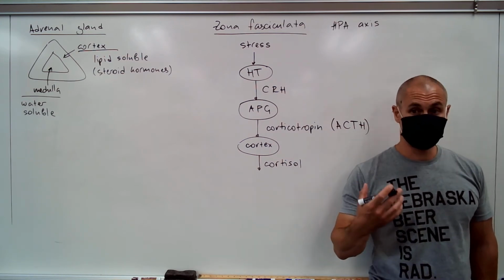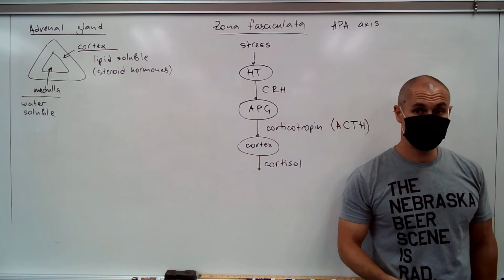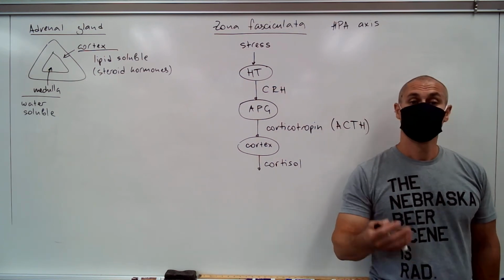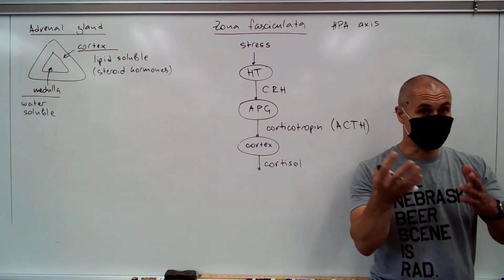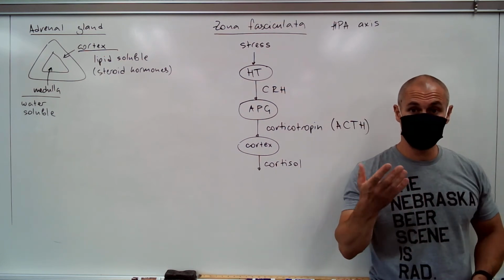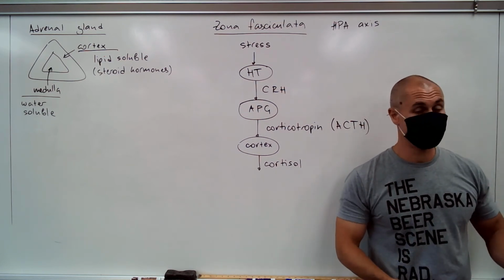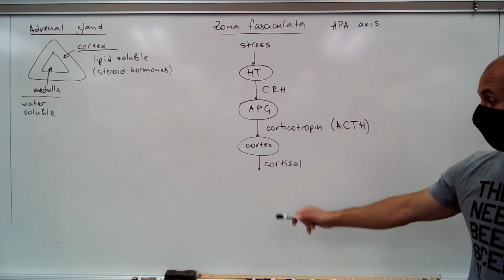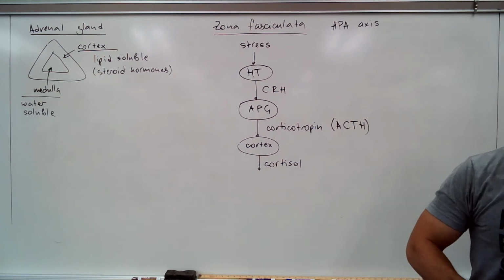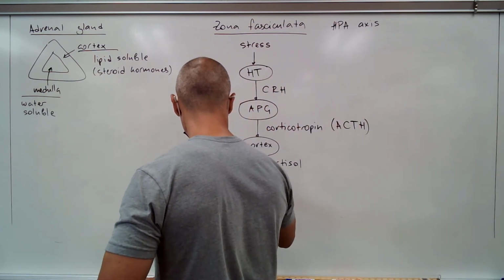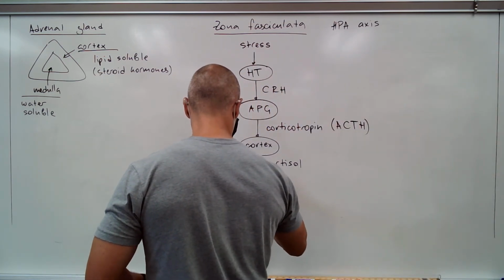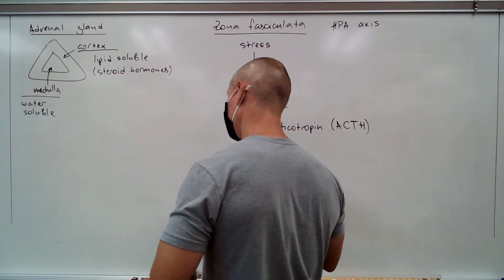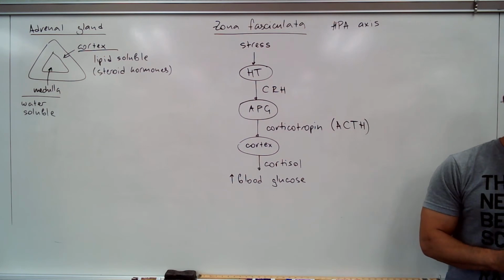So, in order to fight stress, do you need energy? Yes. You already mentioned, what are two molecules that are main sources of energy? Lipids and carbohydrates. So, the outcome of increased cortisol release will be elevated blood glucose, okay?